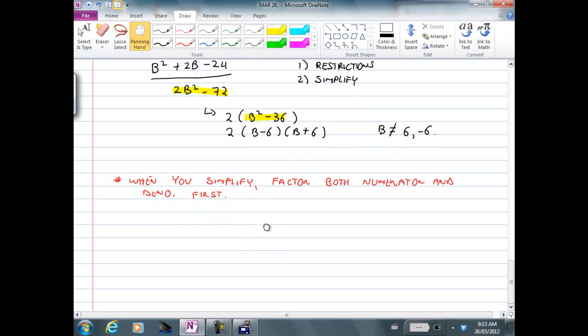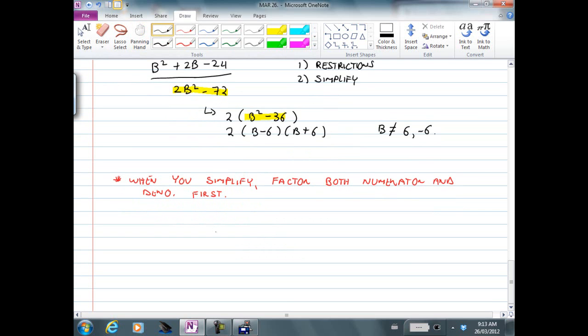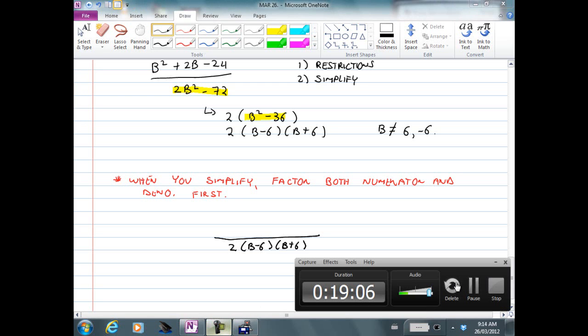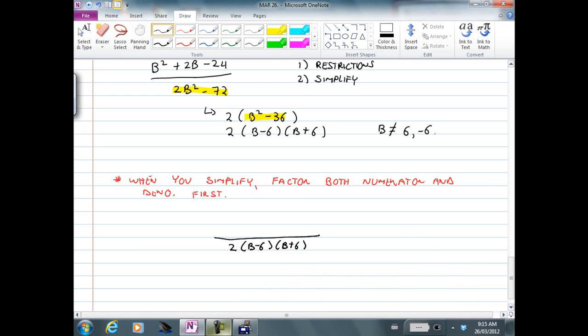I factored the denominator already. Guys, I want you to go ahead and factor out the numerator for me. The bottom part is 2 times b minus 6, b plus 6. I only have the top part to factor. And I want you to do the top part. Serena, what do you have on top if you factor this out? B plus 6 is correct. B minus 4 is correct.